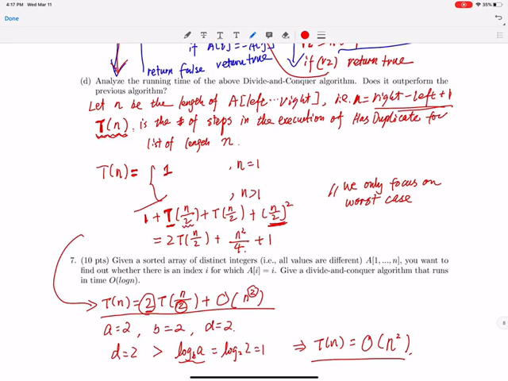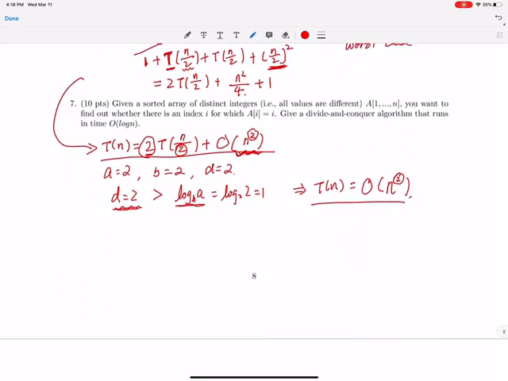The reason has to do with the n squared time it takes to combine the solutions together, which results in the situation where d is greater than log base b of a. So this 2 is still the dominating factor that decides the overall running time.